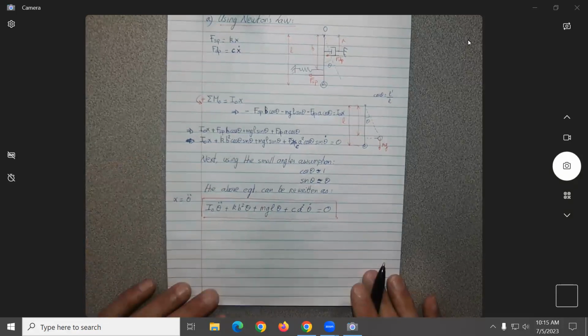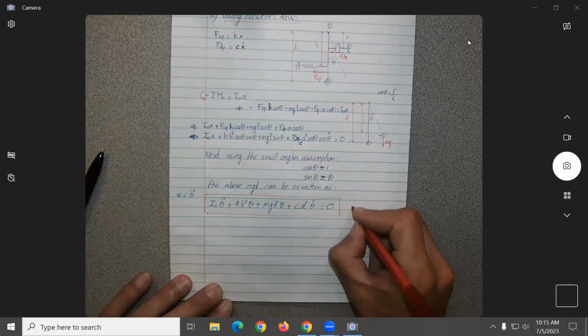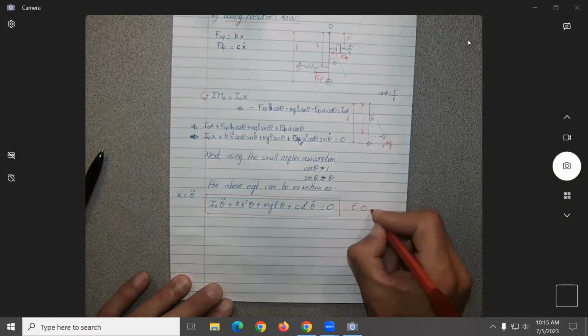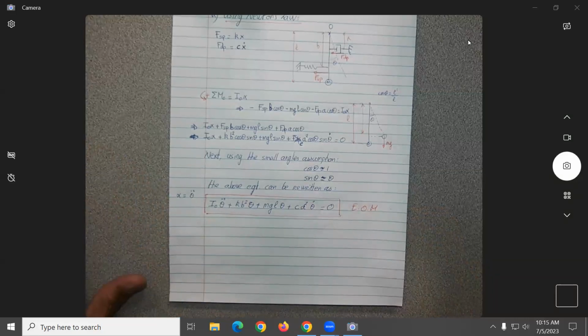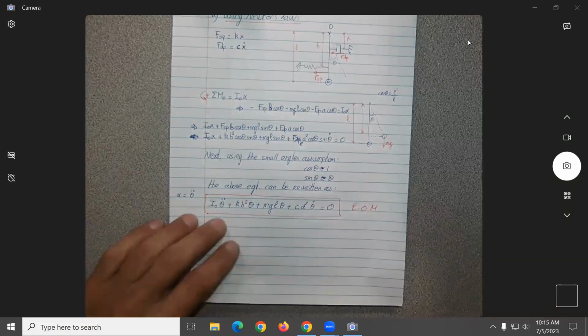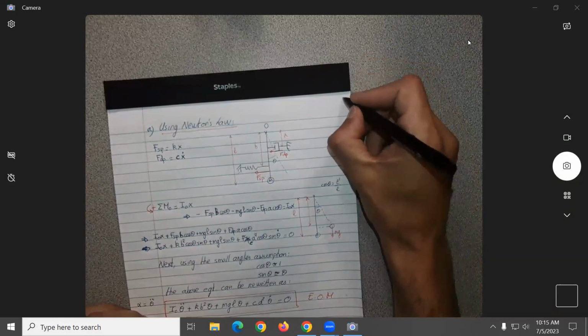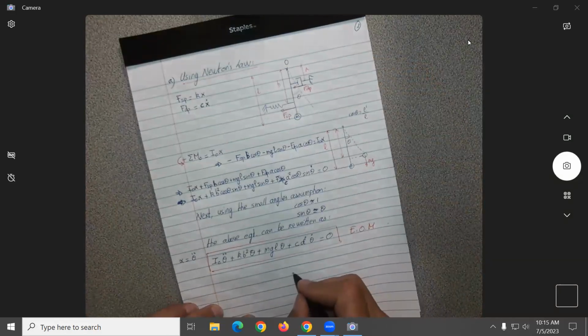Okay, so this is part A. This is the equation of motion, E1. So I say continue next page.